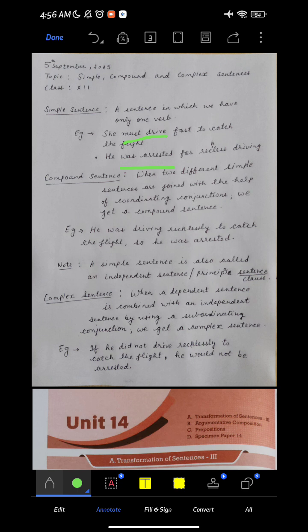For reckless driving is just an extension of the sentence, a complement, to complete the sentence and give better understanding. He was arrested for reckless driving. So this is a simple sentence.